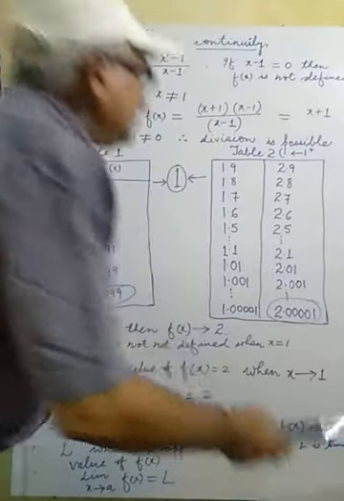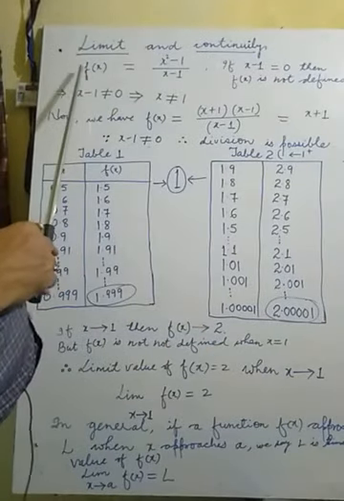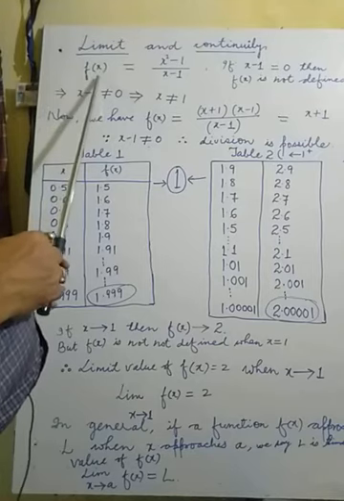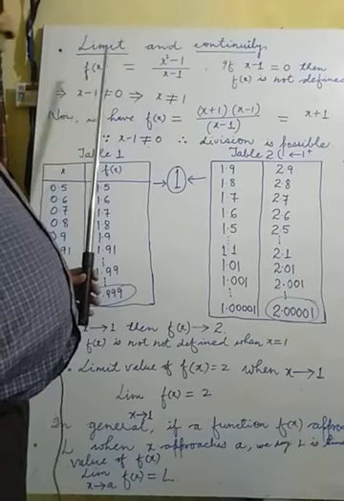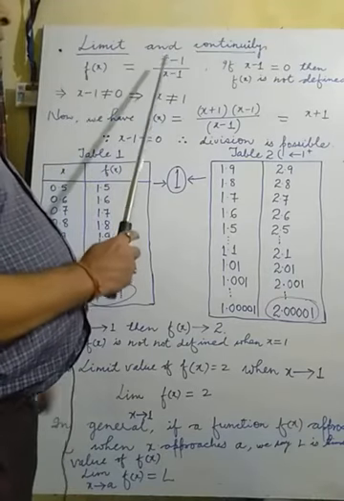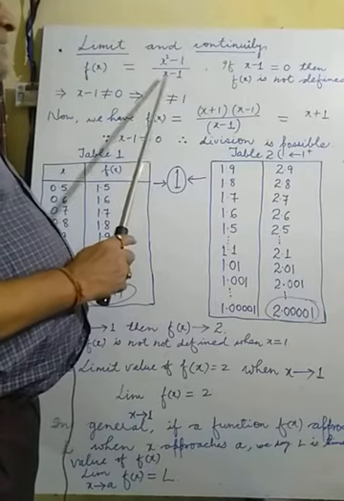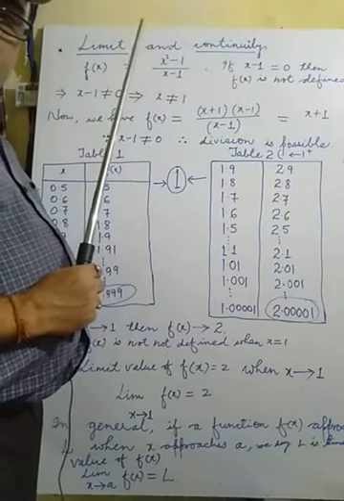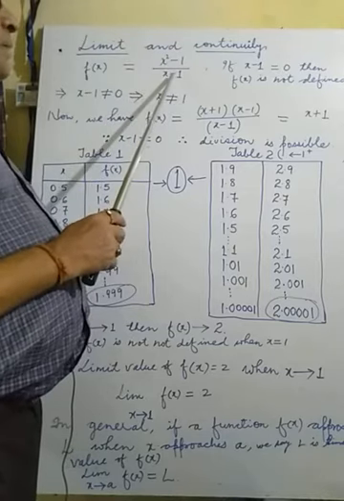Now follow here. A function is given, f(x). This is a function in terms of variable x, and it is given here as (x square minus 1) upon (x minus 1). You may observe here, this one is the numerator and this one is the denominator.